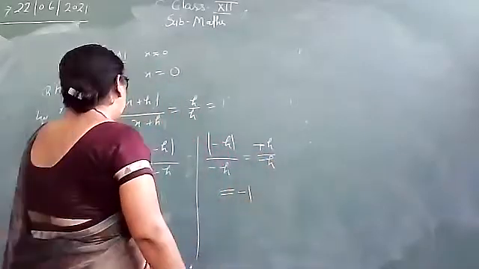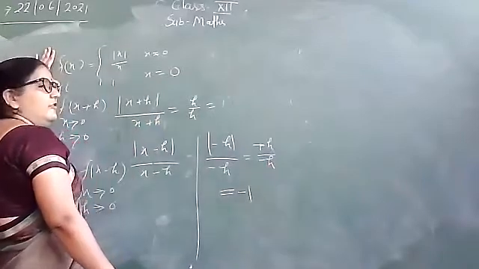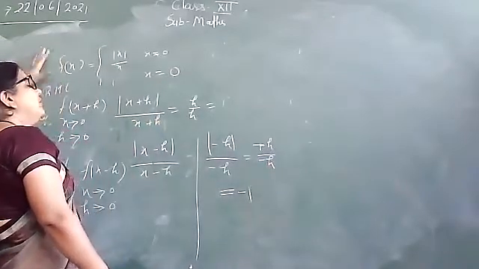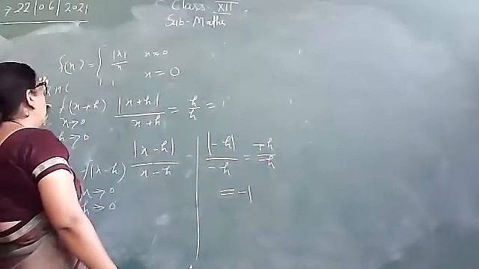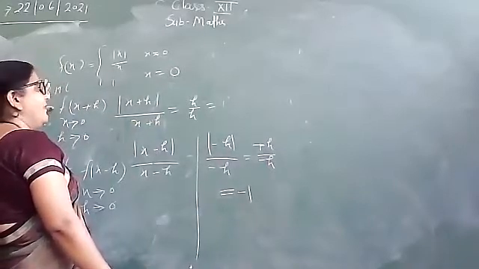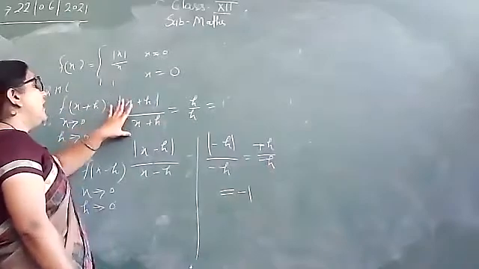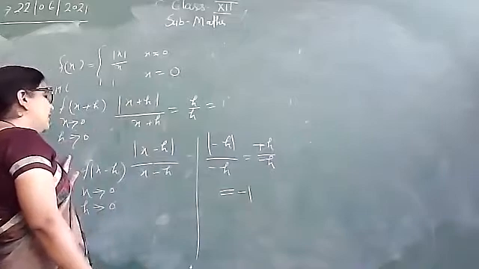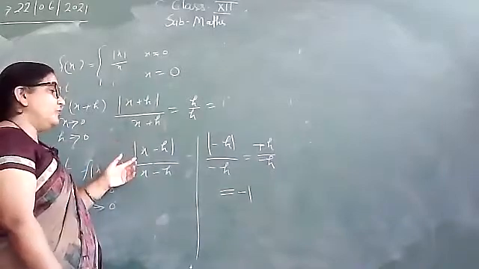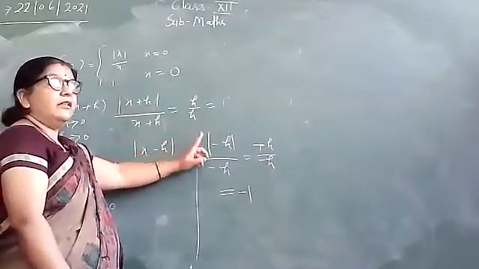Let's see. These questions are given to find whether the function is continuous, otherwise discontinuous. We take the function and solve. First we find out the RHL, where we take the plus position and solve. There is a 1. Then we find out the LHL, the minus position. Here is a mod.